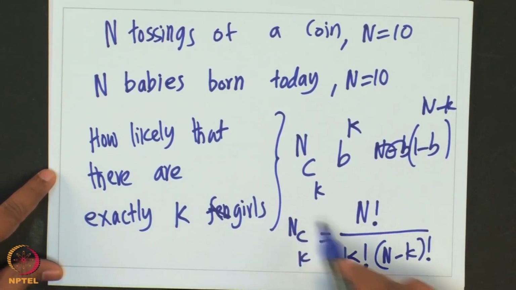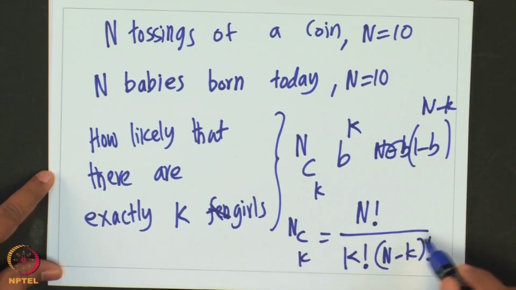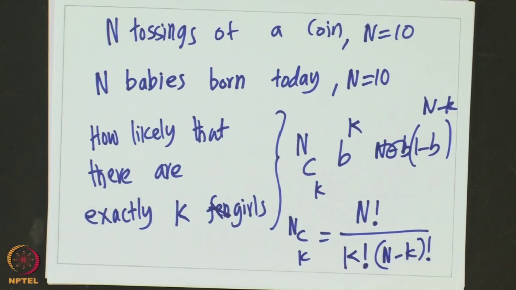So nCk is a number, and this can be computed like this: n factorial divided by k factorial times n minus k factorial. But it is very important to understand what is the question we are asking. We are asking how likely that there will be exactly this many male or this many heads, right?